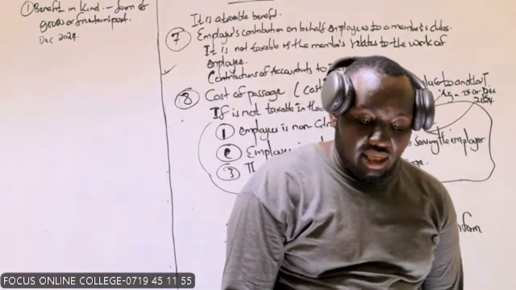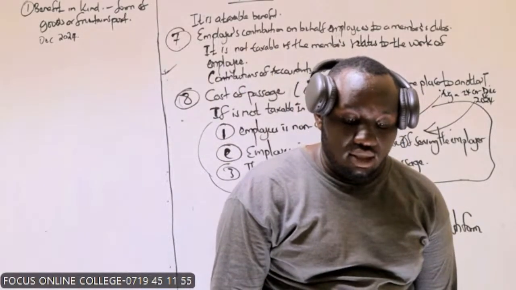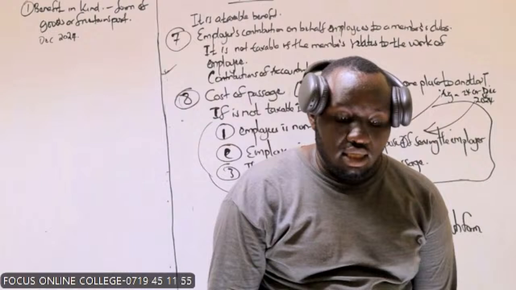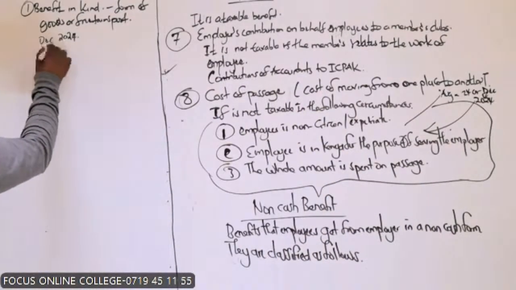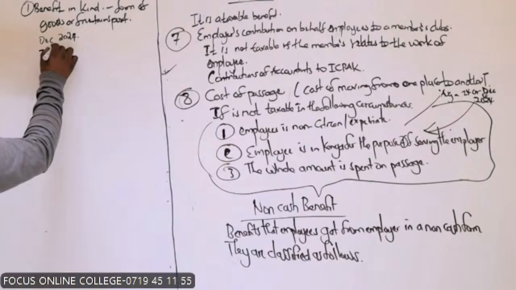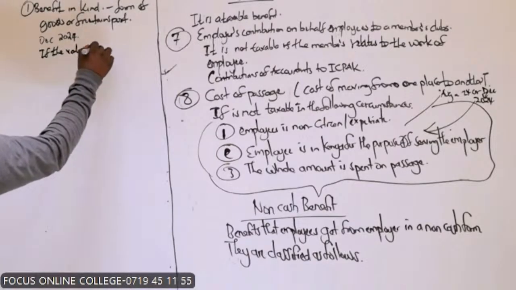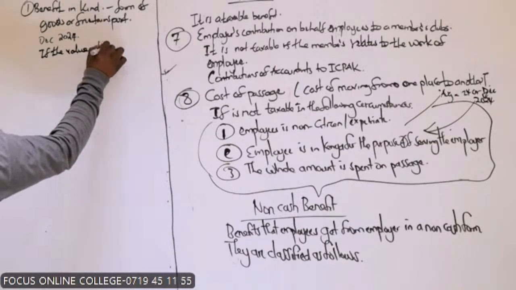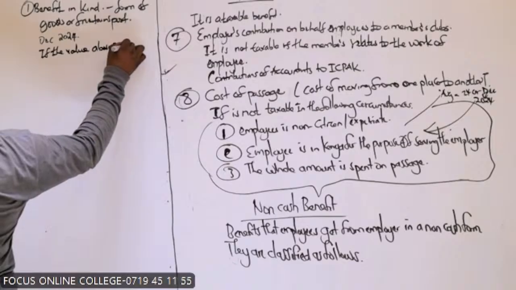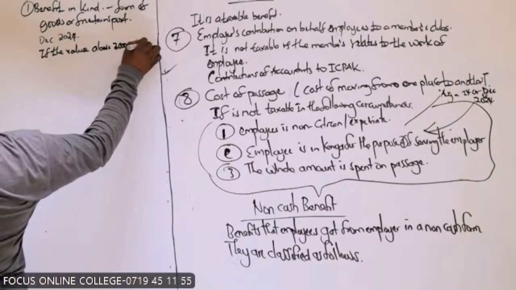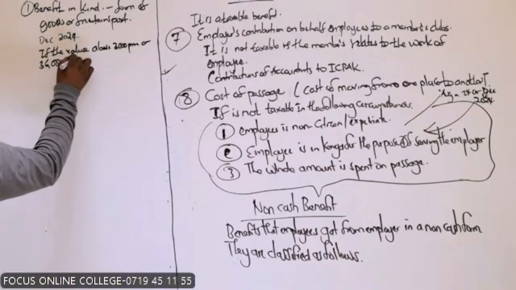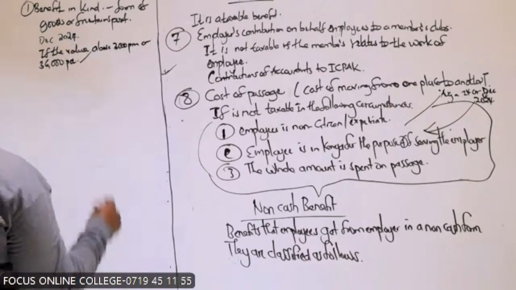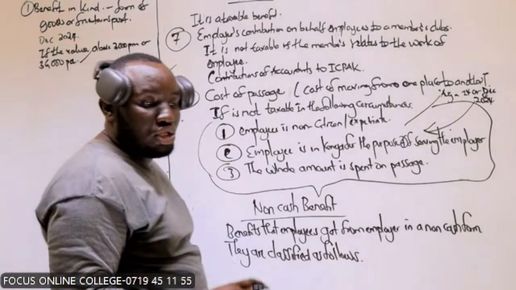We say that if the value is above 3,000 per month or 36,000 per annum, it is taxable. So that is up to around December 2024.